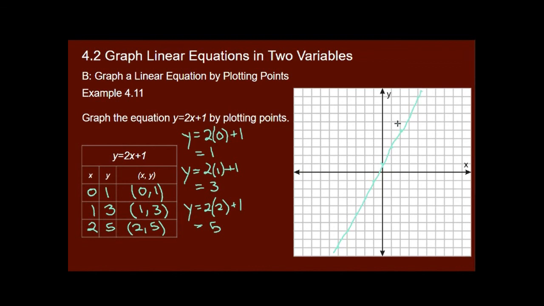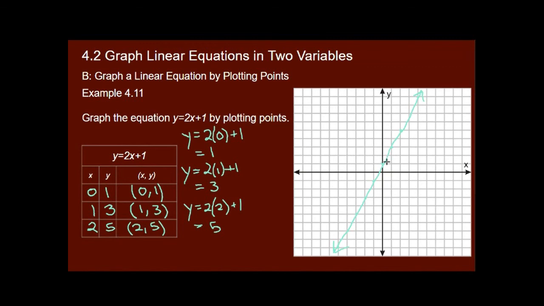And then remember, it has to go as far as it can through that coordinate plane till it runs into the edge, and then I need to put arrows on both ends because that line will continue forever in this direction and forever in this direction. So remember, this line means that any point on this line is a solution to this equation.